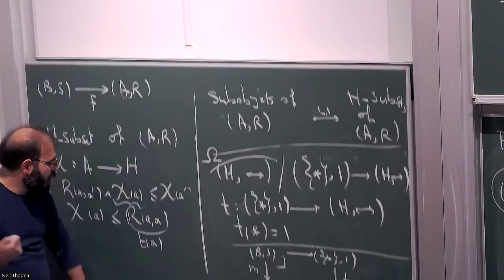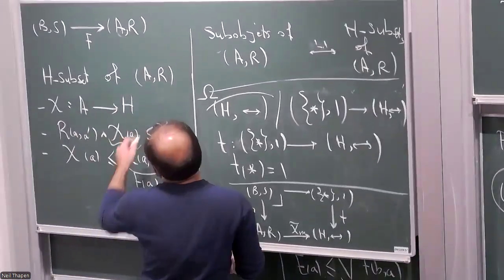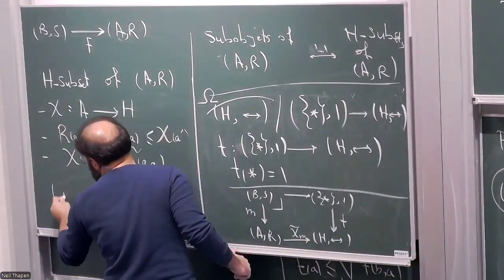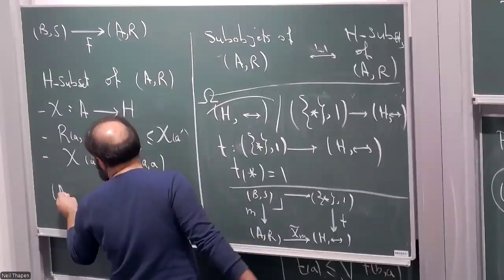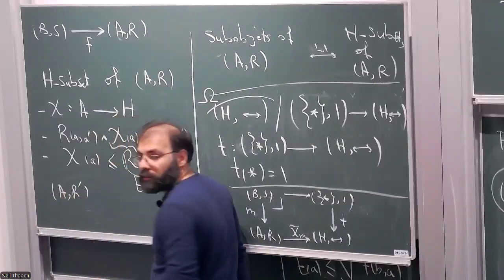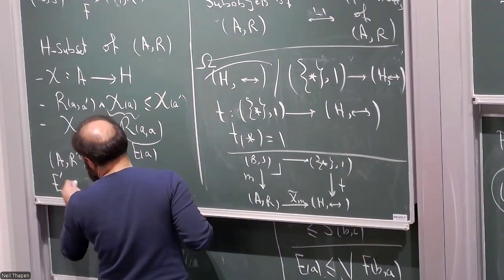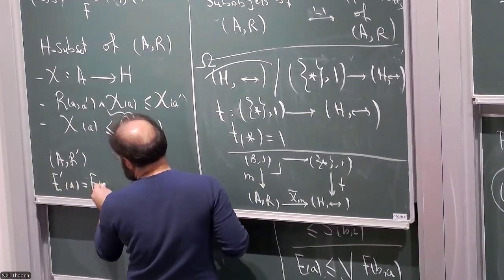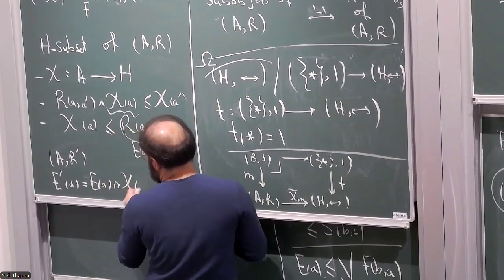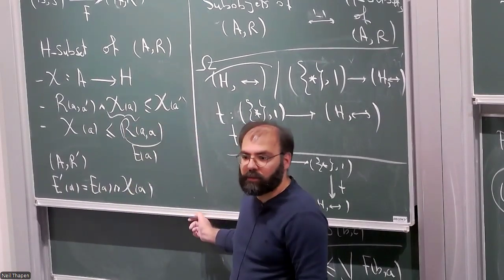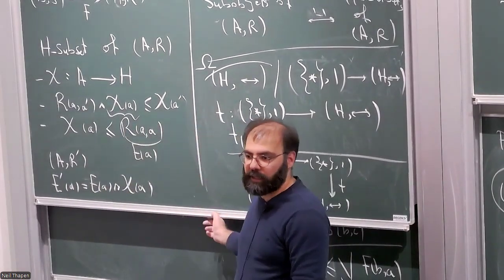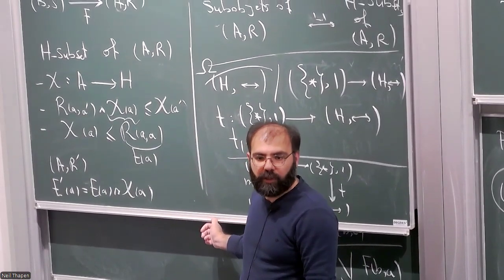Yes. If you define your subset as we did there, you have some A R prime, and then E prime, as Pavel is saying, is simply E of A conjunction with chi. So you make it less existent, if you like.